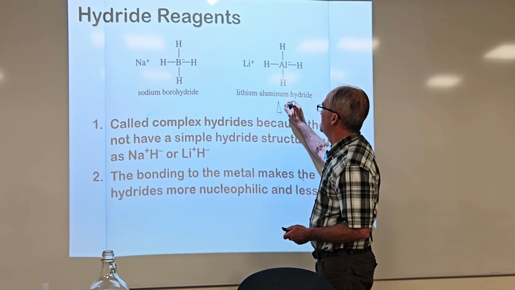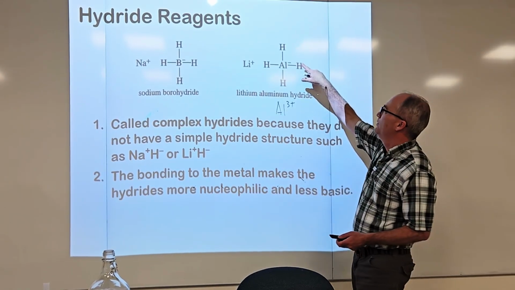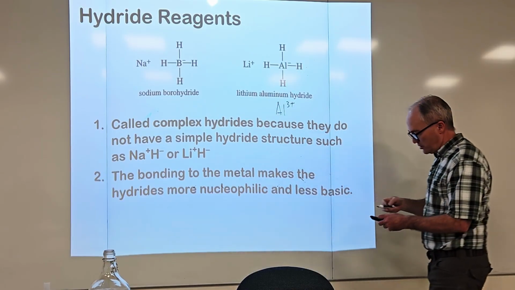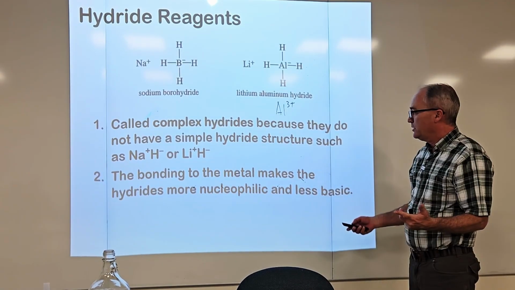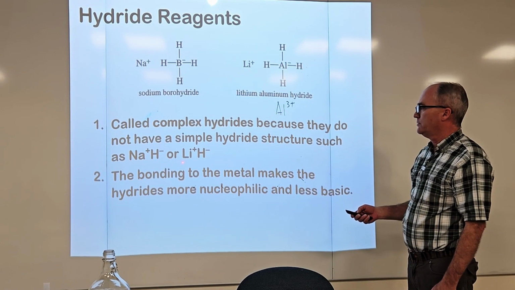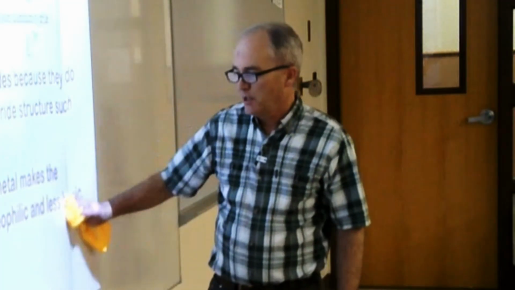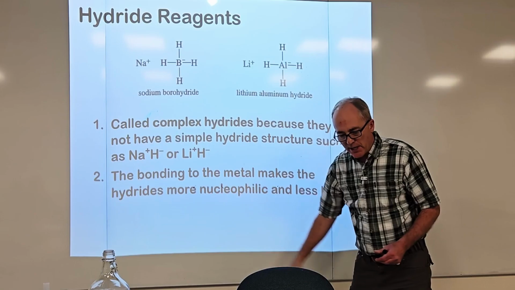Aluminum normally forms a +3 cation, and so you can imagine if you put 4 of these negatively charged things around it, it's going to have a negative charge counterbalanced by lithium there. So they don't have a simple structure like sodium hydride or lithium hydride. The bonding to the metal makes the hydrides more nucleophilic and less basic.